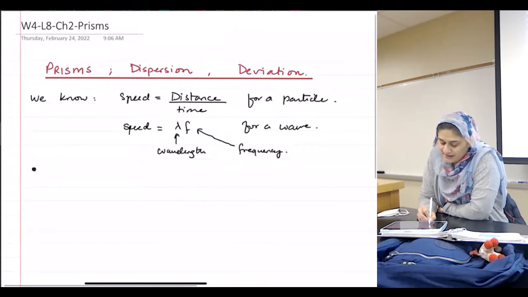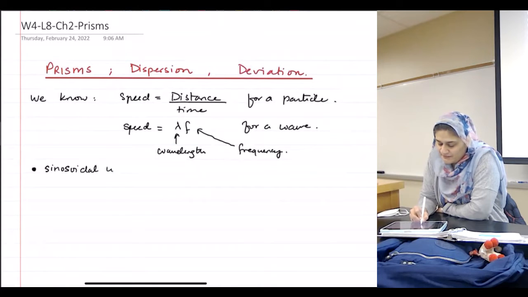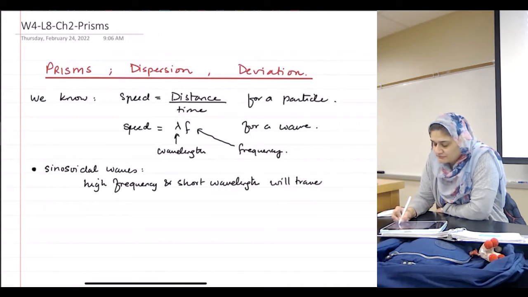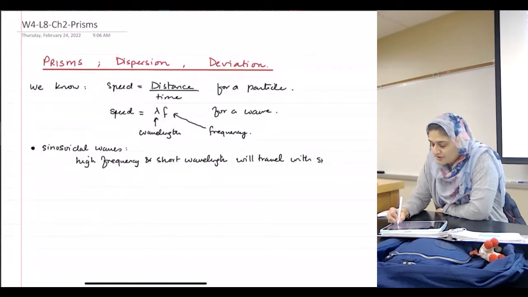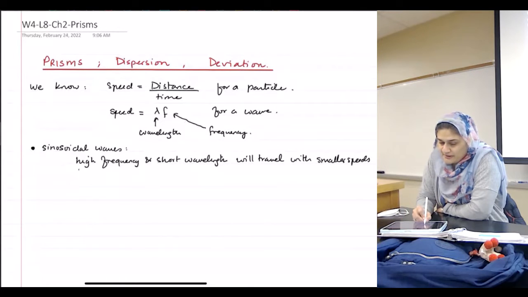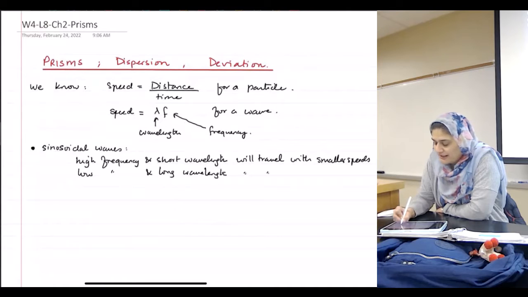So I can say that sinusoidal waves with high frequency and short wavelength will travel with smaller speeds, whereas waves with low frequency and long wavelength will travel with faster speeds.